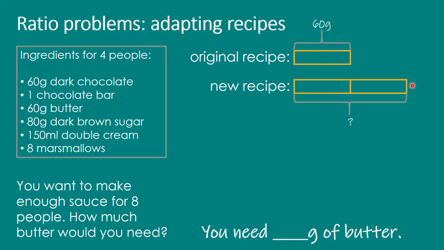So what's our next step? Equal parts. So every part is worth 60 grams. Isn't that right? So we need to do the calculation of 60 grams times 2, which is, well, 6 times 2 is 12, so 60 times 2 is 120 grams. And we write our answer in. You need 120 grams of butter.